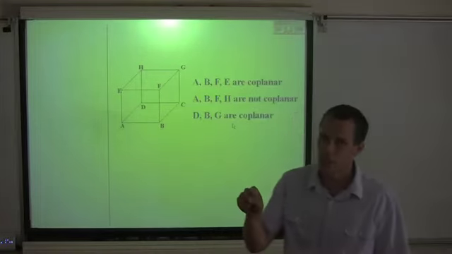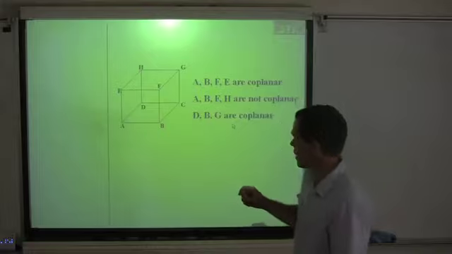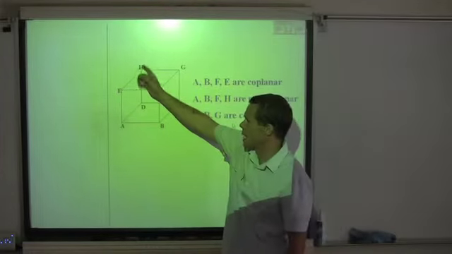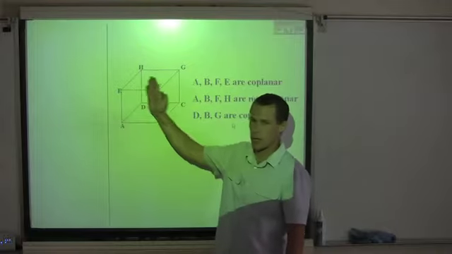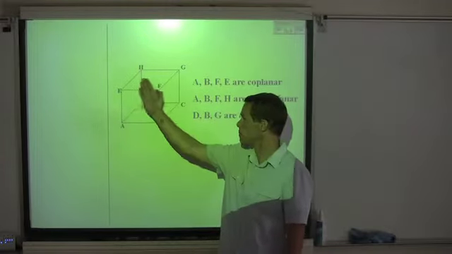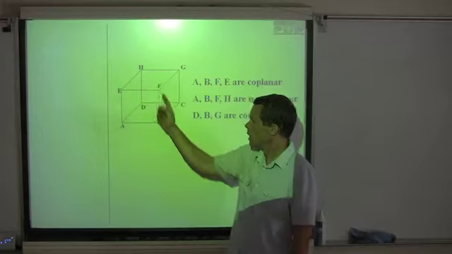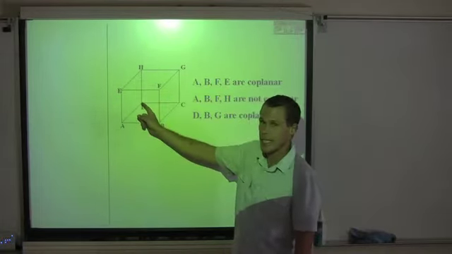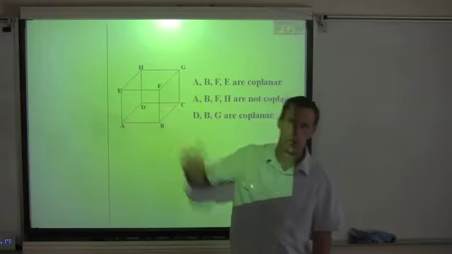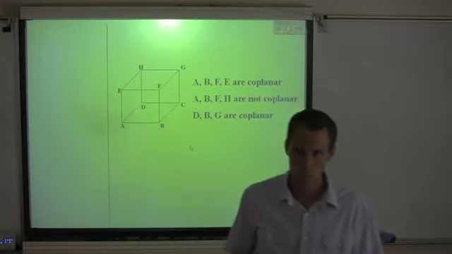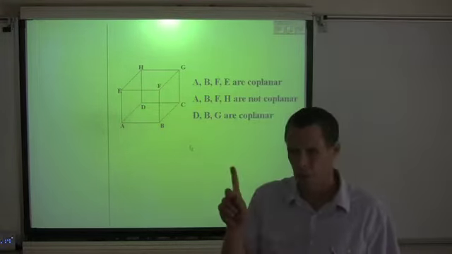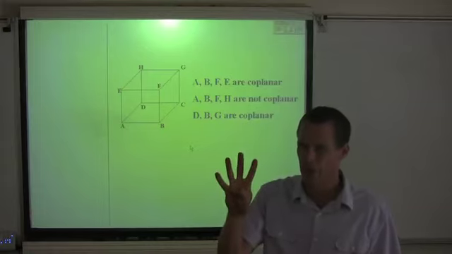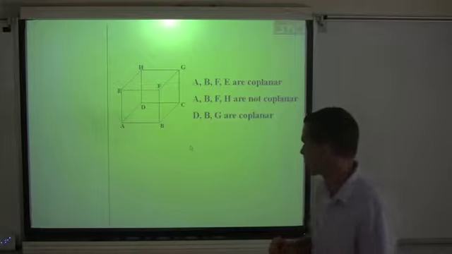It's not H that is not coplanar, because we could look at B, F, and H and see that diagonal plane running through the cube and think, well, B, F, and H are definitely coplanar with D, and A is the one that's not coplanar. So it's not that one point is not coplanar, it's that the group of 4 together are not coplanar.